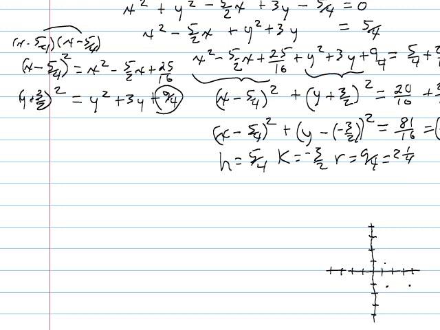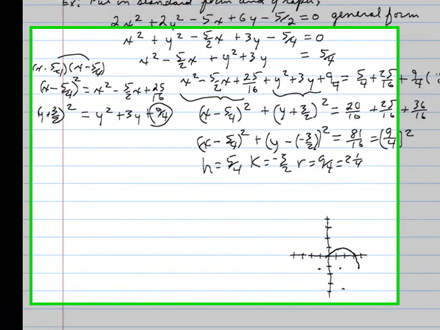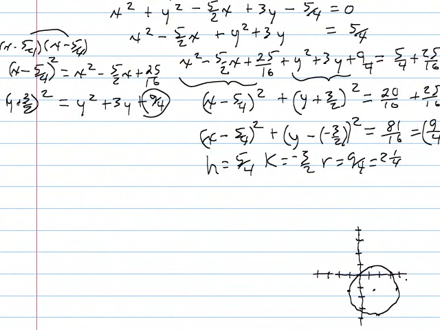If I go another 3/4, that's 2 1/4 there. I'm 1 1/4 here, so if I come over here and then one more unit, that's 2 1/4 there, and then I go down 2 1/4, 1, 2, and a little bit more. And if I just draw a circle through there, there's my graphed circle, and that completes the podcast on graphing a circle.